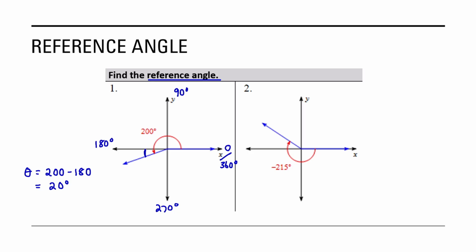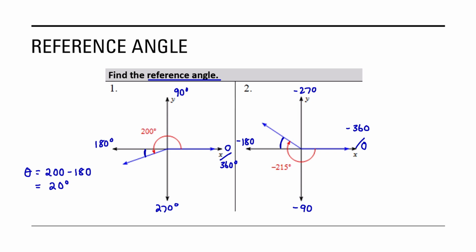Now here, it's a little bit trickier. Again, I want to find this angle here. That's going to be my reference angle. What I want to think about is if I've got negative 215 degrees, remember that it can also go backwards. So this can be 0, negative 90, negative 180, negative 270, negative 360.